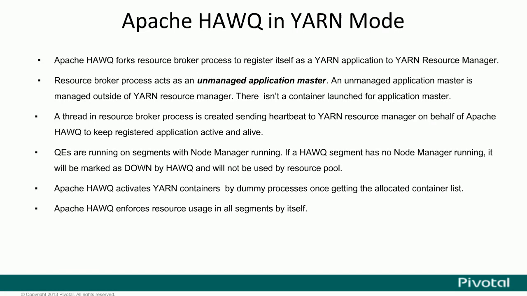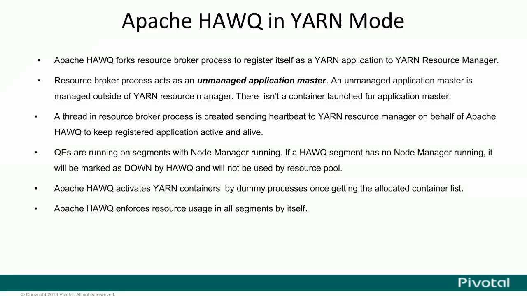And then we'll send heartbeats back to YARN just to say, hey, we're still registered and we still need these containers so that we can keep those containers. So it's a lot like Hive LLAP, the way that application and some others work, and how it's going to reserve these containers for longer periods of time.